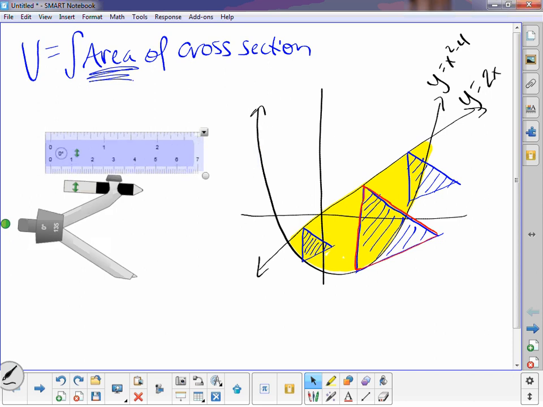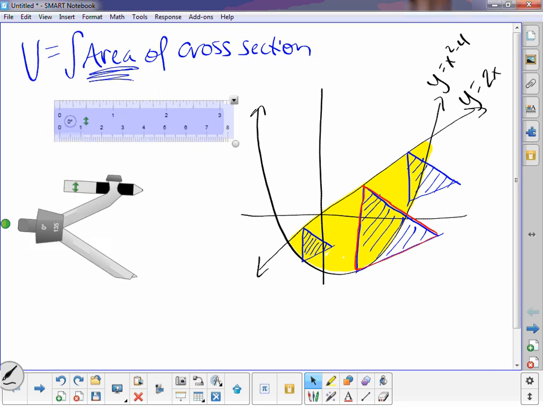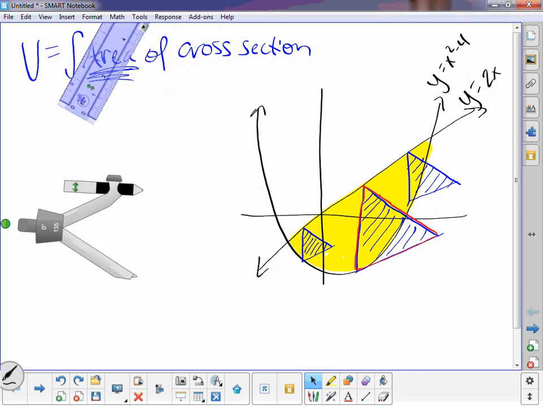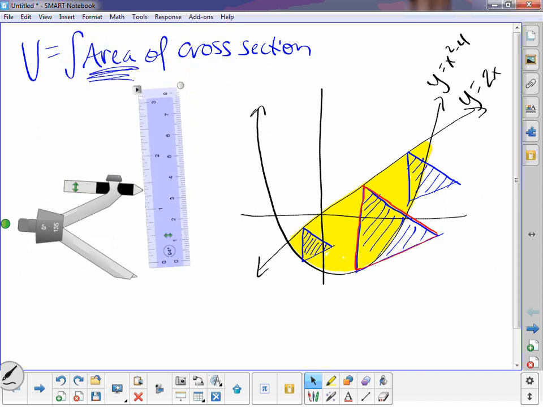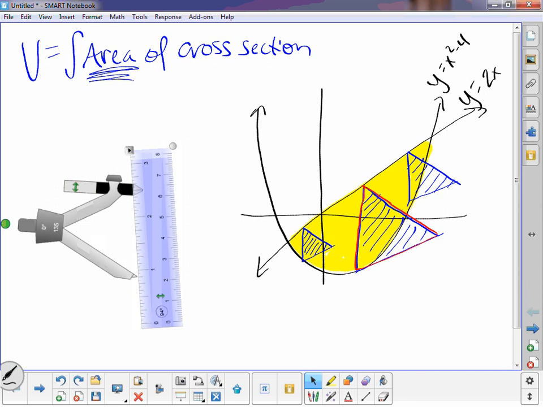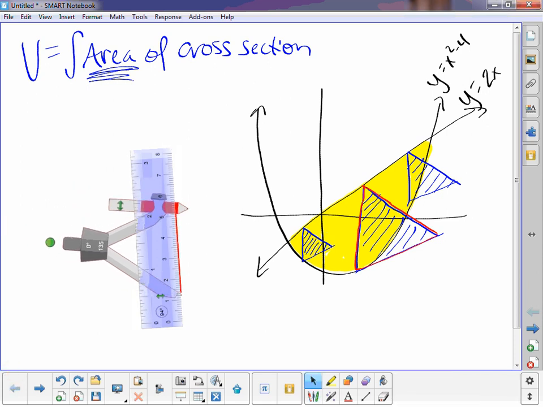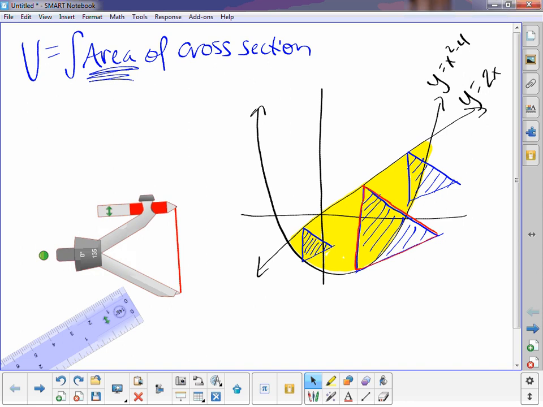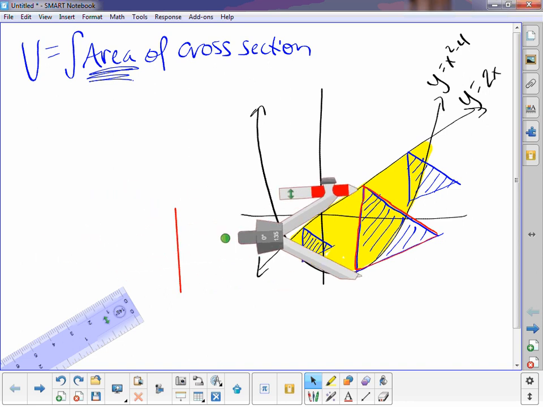I want to rotate. There we go. Okay. So I want to make sure that I start off with that correct distance. Alright, so now this is the distance.